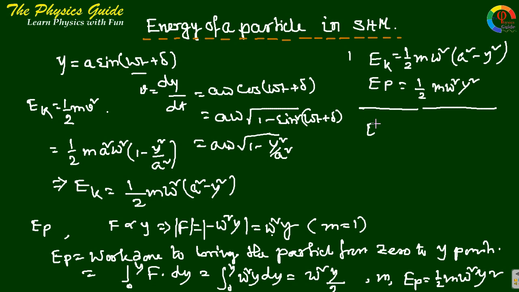So maximum kinetic energy equals maximum potential energy, half m omega squared a squared, when y equals a for potential energy.